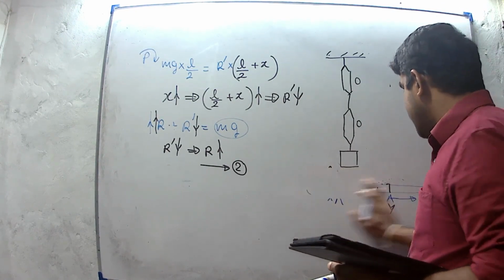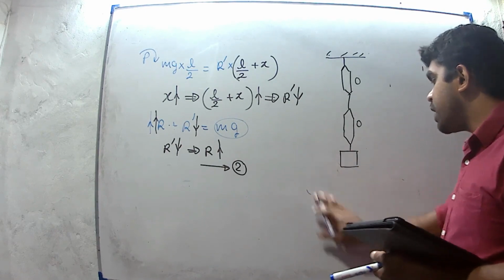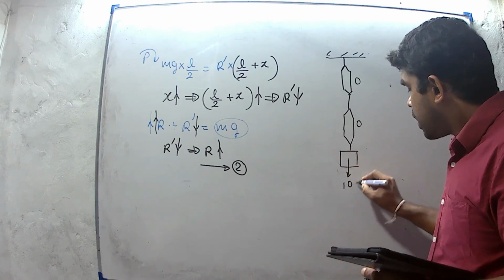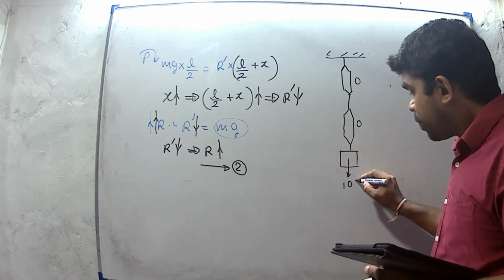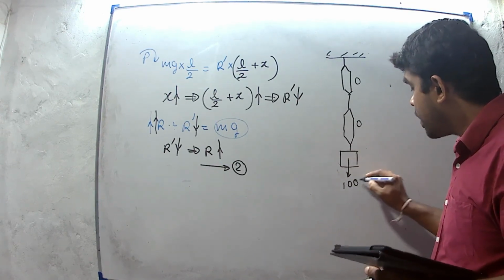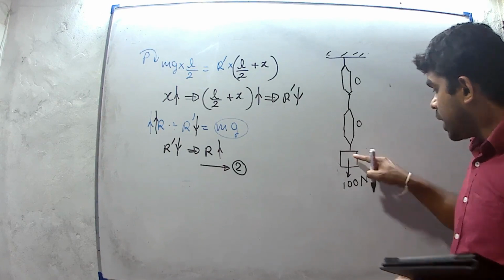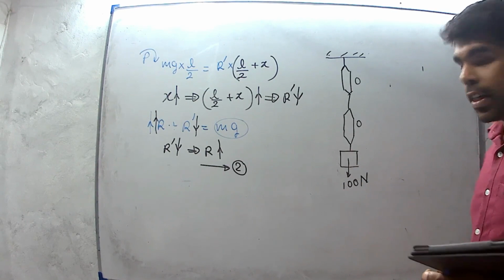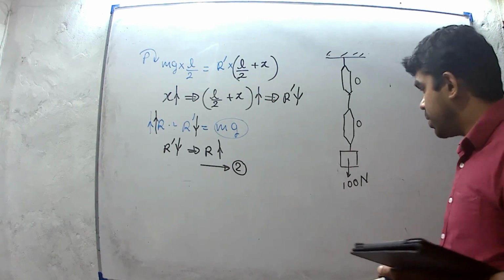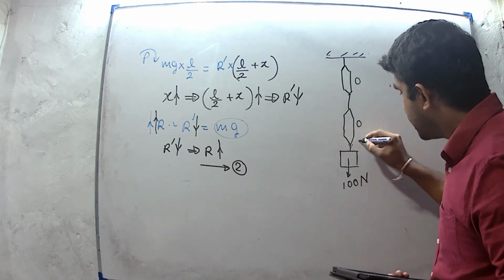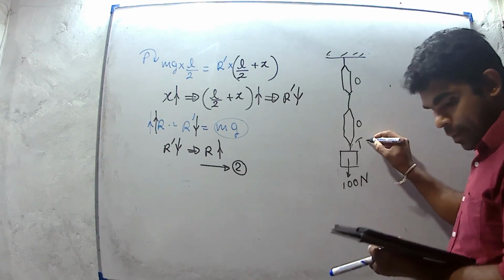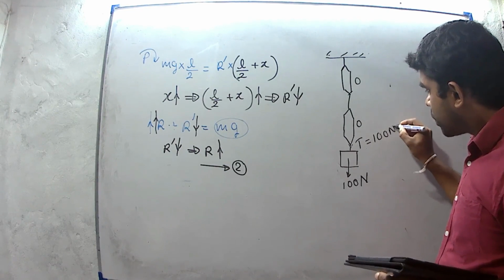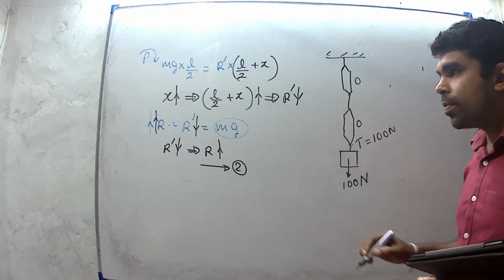Then we can get tension. If the system is at rest, because of this 10 kg mass, it is a 100 Newton weight. Therefore, we can consider the tension of this part is 100 Newton. It is the reading of this scale.